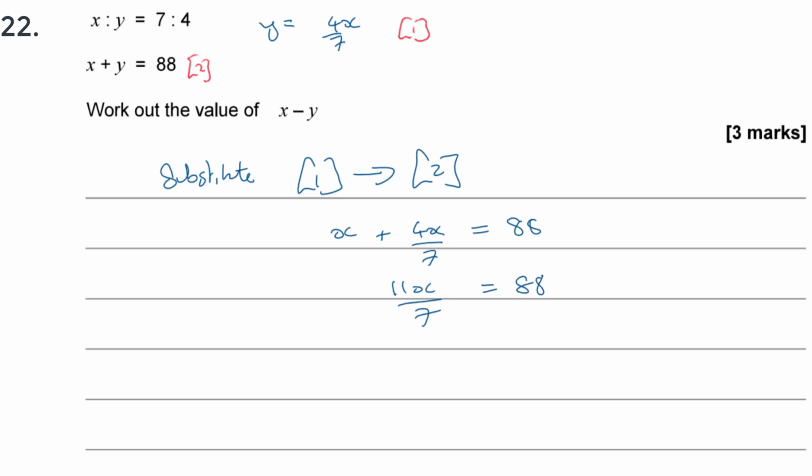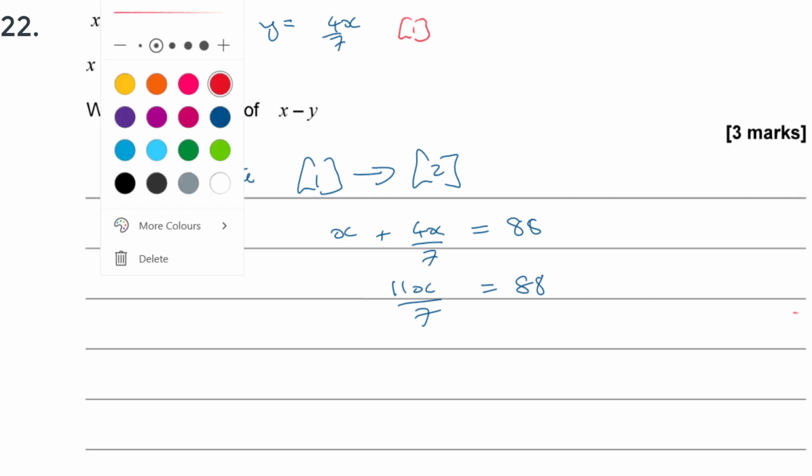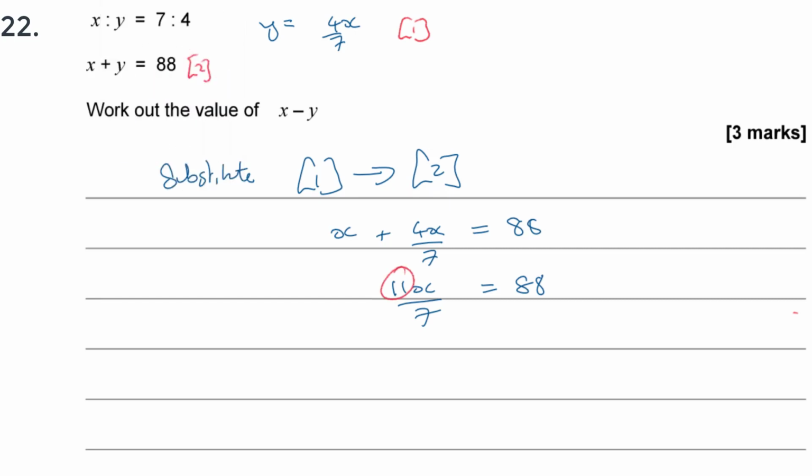So dividing through by 11 and timesing through by 7 should give me x. 88 divided by 11 is 8, and times 7 is 56.